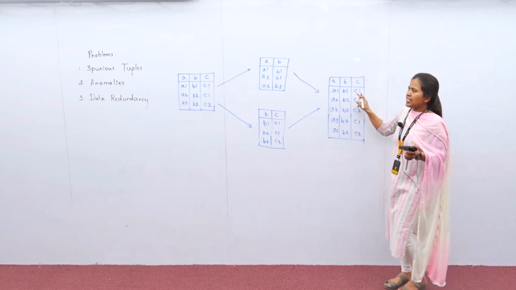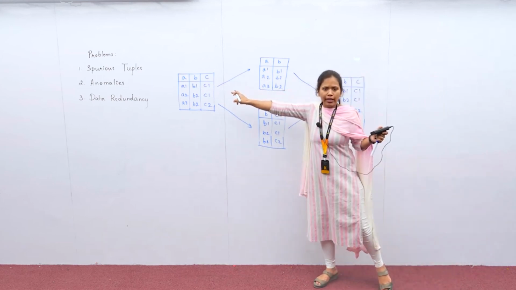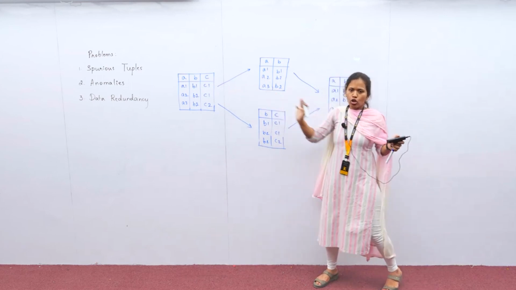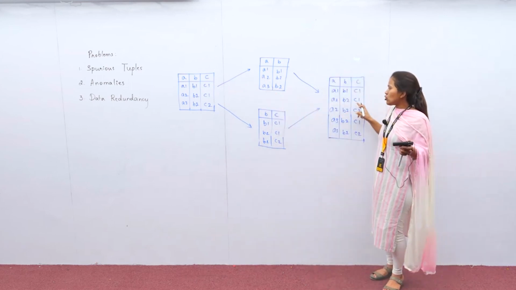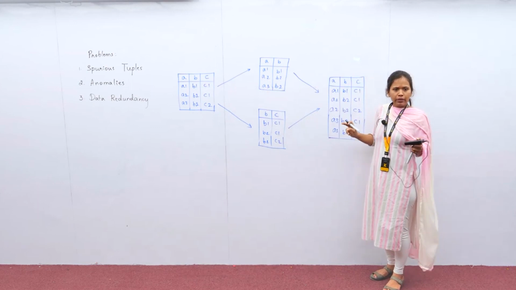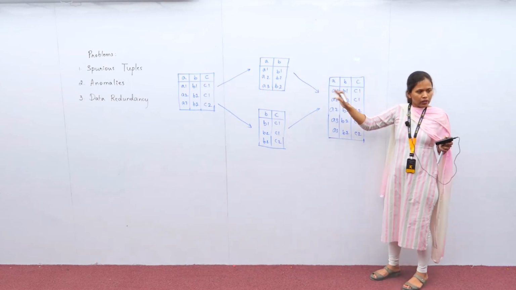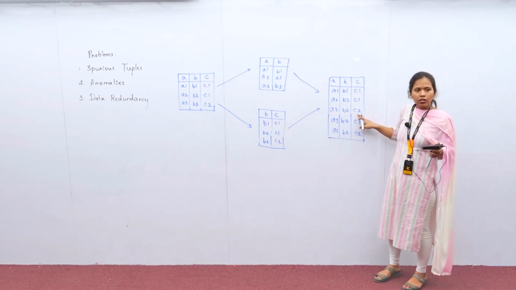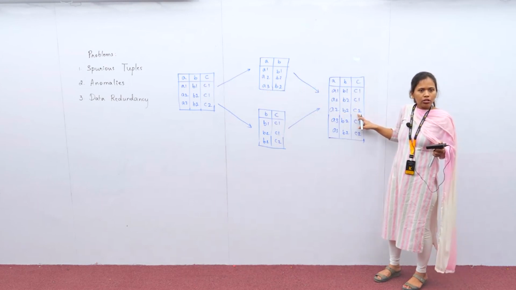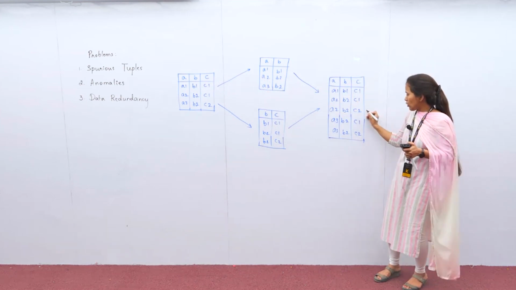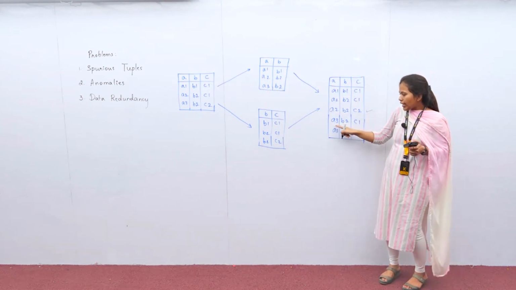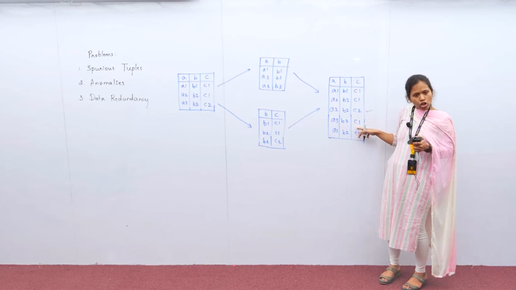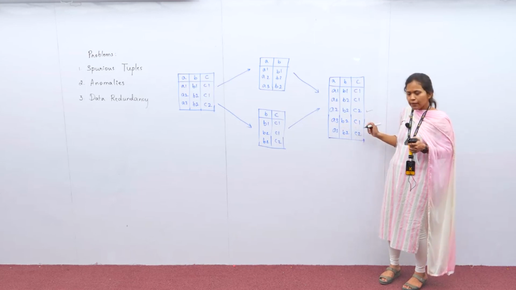Now carefully observe all of you here and tell me, A1, B1, C1, is it present in the original table, actual table? That row is there? Okay. A2, B2, C1, is it there in the original table? I mean actual table? Okay. A2, B2, C2, this tuple, is it there in the table? In the actual table, it is not there. Okay, I'll just tell here. A3, B2, C1, is it there in the original table, this row or this tuple?